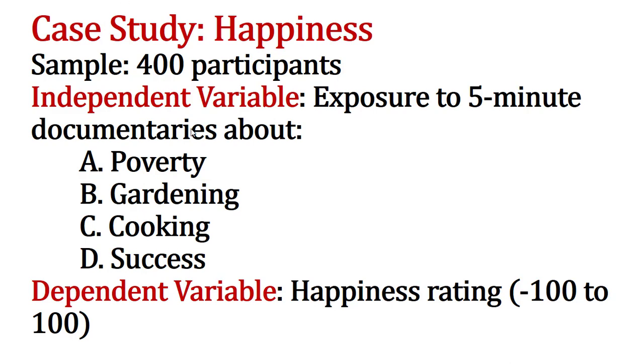There are 4 documentaries: one about poverty, another about gardening, another about cooking, and another with a successful story. The dependent variable is a happiness rating, obtained by asking participants to rate their level of happiness on a scale from -100 to 100.